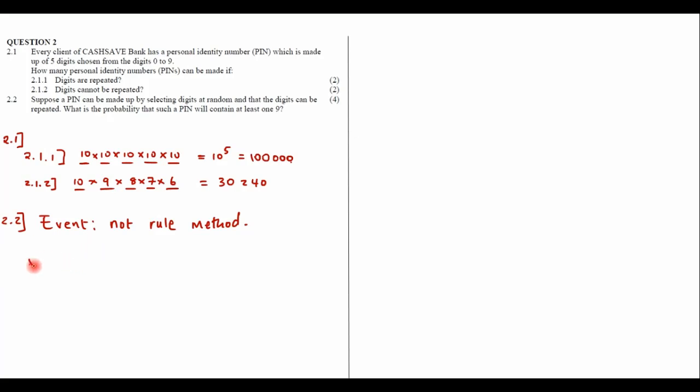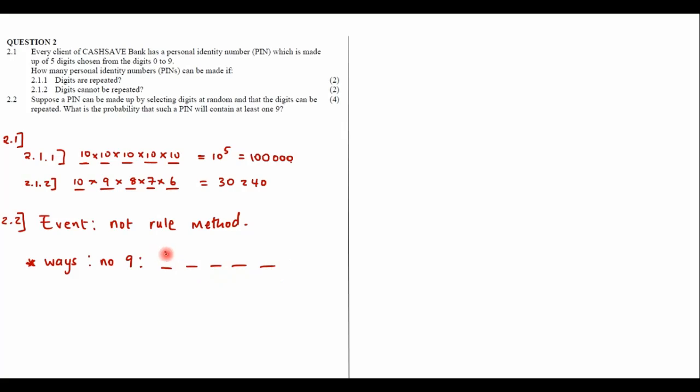In order to find this, the first thing is we're going to find the ways when there is no 9. So our pin will then be here.